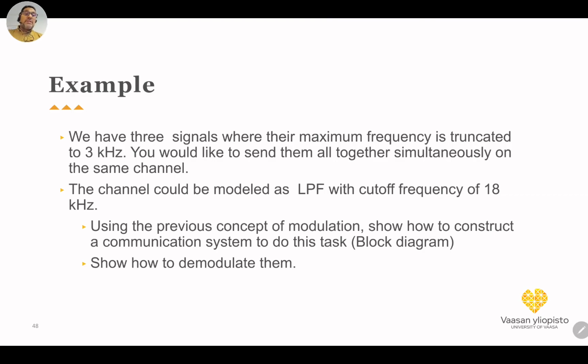Let us take this example to explain one application of the modulation. Assume that we have three signals, for example, x1, x2, and x3. Those three signals we want to send over the same channel, for example, over the same line or coaxial cable, or over the same wireless channel, or whatever.